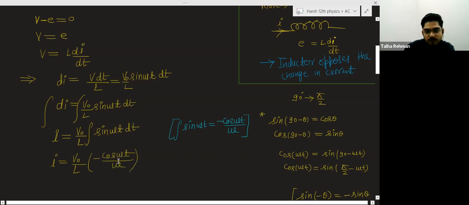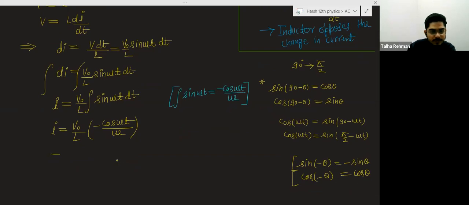Now this omega is also constant, so you can take this out of the bracket, so it will become V naught divided by omega L, and here is minus cos omega t. This is the current I.